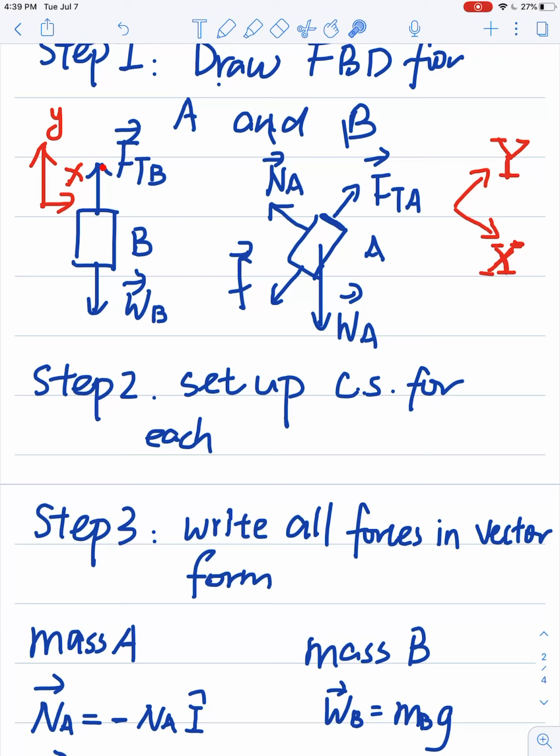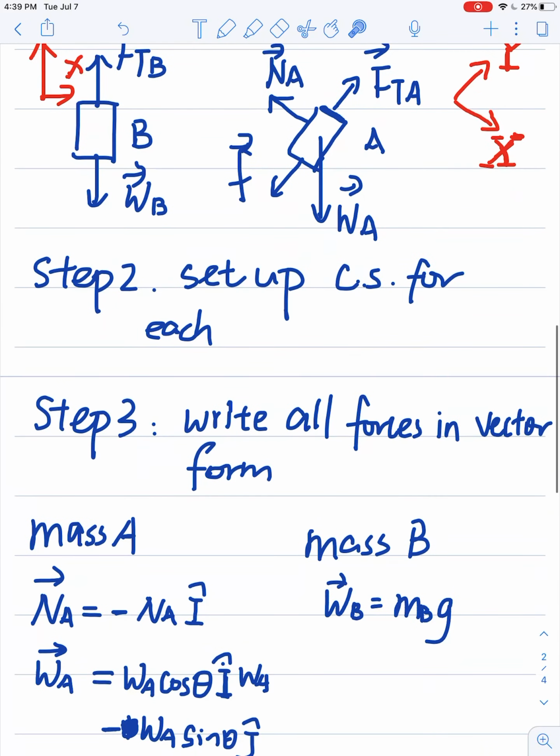since we're looking at mass B, you need to look at the coordinate system you set up for mass B. In mass B, WB is on the opposite direction, the negative direction of small y. Therefore, here we should add J, small j as the unit vector, and add a negative sign.